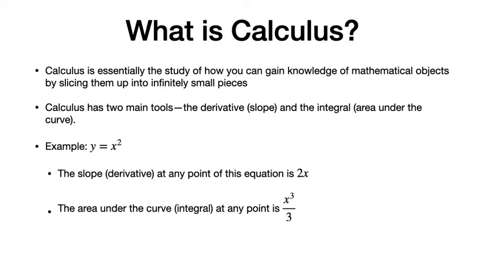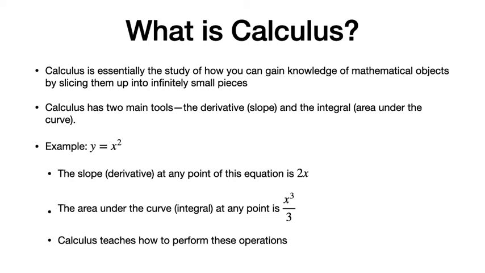So that equation tells you, if I take the area between the x-axis and the top of the curve and the y-axis, what the area under the curve is for any point along that curve. So anyway, those are the two major tools. Again, we're not going to go into right now how those are determined, but that's the idea behind them. Calculus is what teaches us how to perform these operations.